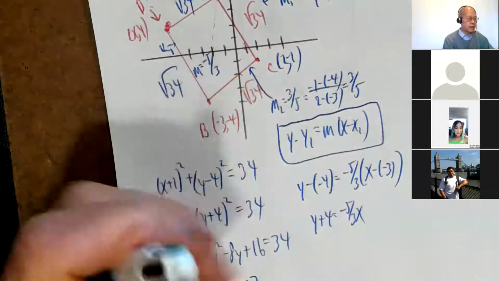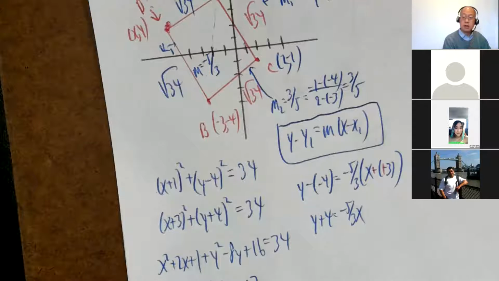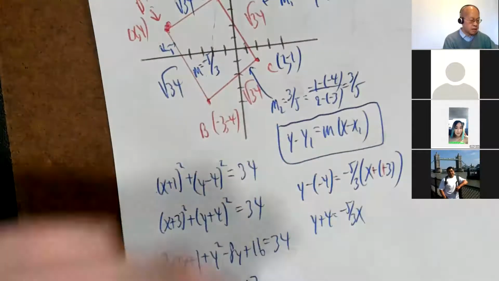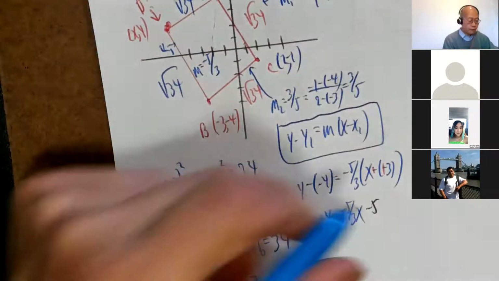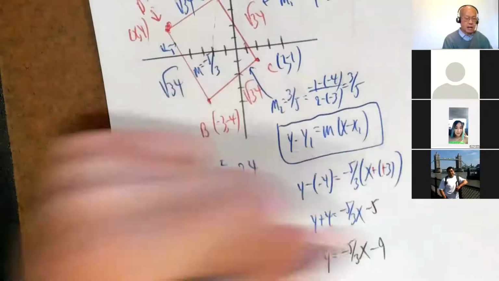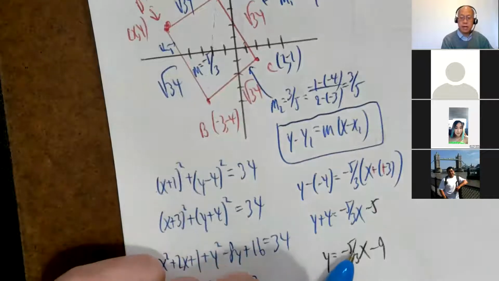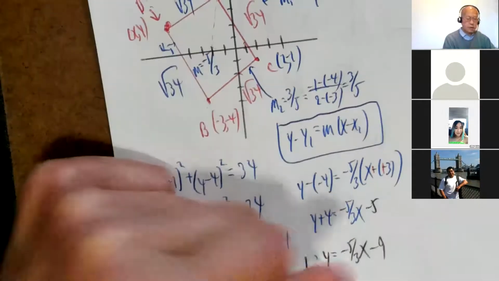I'm going to make this a double negative, so if I distribute, that's just going to be negative 5, right? So minus 5, subtract 4, y equals negative 5/3 x minus 9. Let me double check: if I plug in negative 3, it's 5 minus, yeah, it works. So this is line 1.